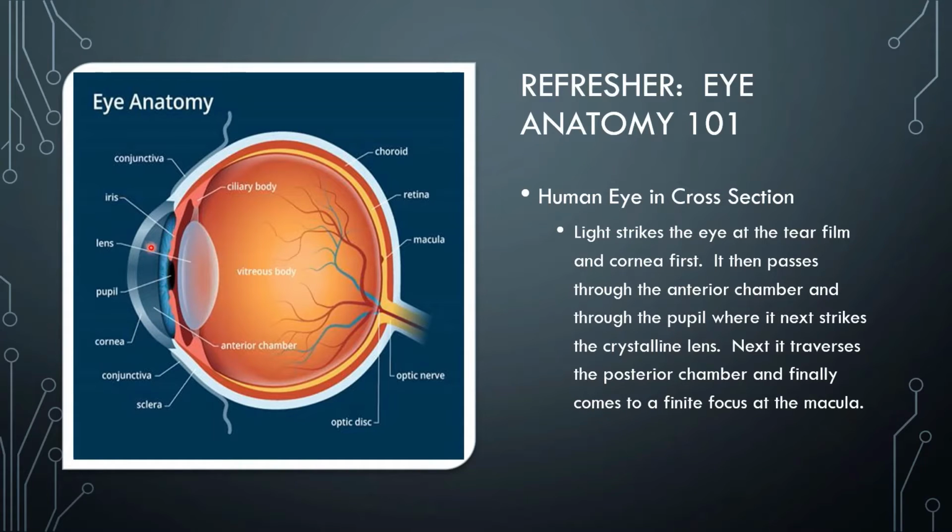There's a fluid-filled chamber behind it, and then there's the iris, the colored part of the eye. In front of that is the cornea, which is continuous with where the white of the eye starts.